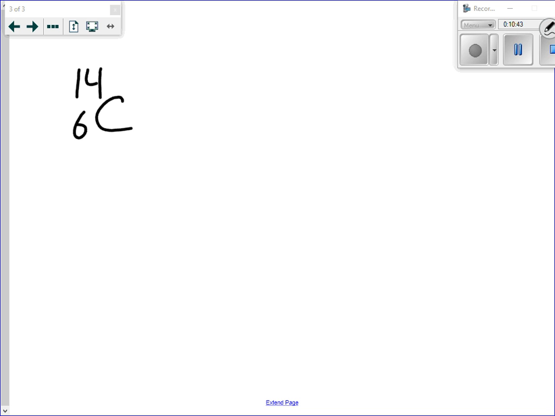The most common isotope of carbon is carbon-12, an even number of protons and neutrons, 6 of each. Carbon-14, on the other hand, has 6 protons, because it's carbon, and 8 neutrons. Not an even balance. This top one here is the unstable isotope. Again, it has 6 protons and 8 neutrons.